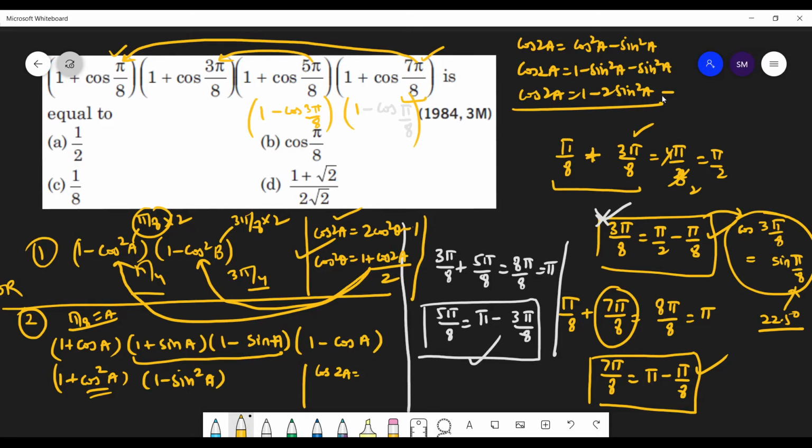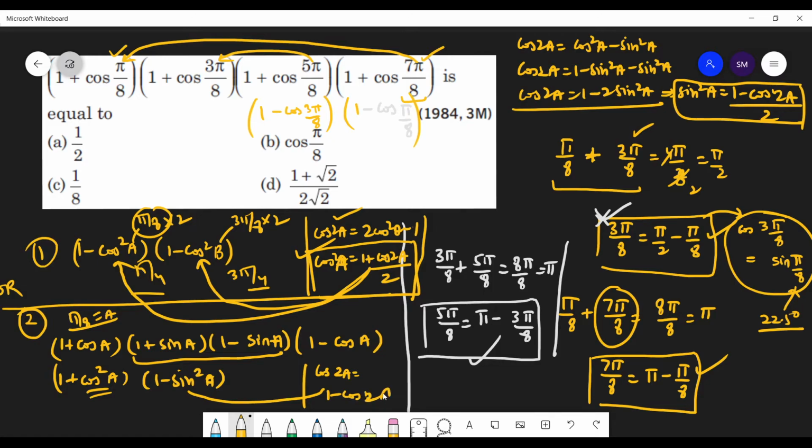So what is sine square a? So this will go that side and cos 2a will come this side. So 1 minus cos 2a and then divided by 2. So cos square a is equal to 1 plus cos 2a upon 2 and here it is 1 minus cos 2a upon 2. So this sine square a will be your 1 minus cos 2a upon 2.